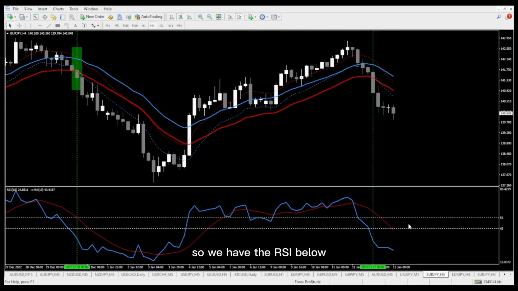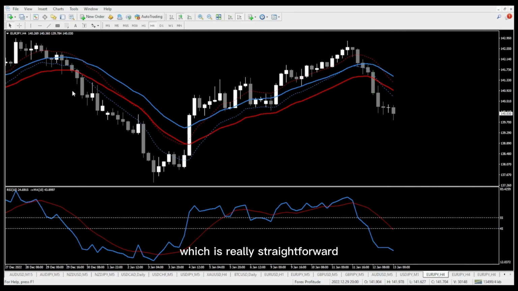So we have the RSI below the 45 level, and that implies that we do have some market momentum to the downside. And on top of that, we've got that RSI below the simple moving average, this 10 simple moving average. So we've got all the criteria met for the short trades. All right, so that is the signal for the trades themselves, which is really straightforward, it's really simple.